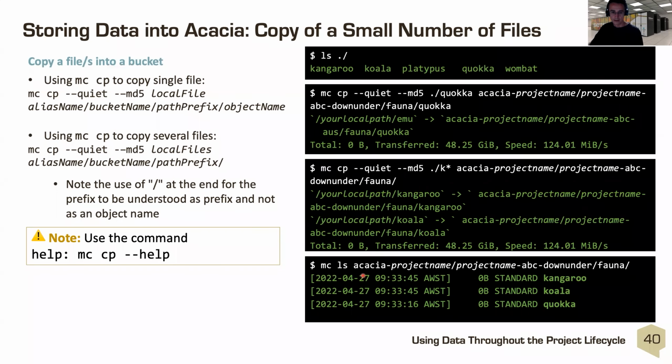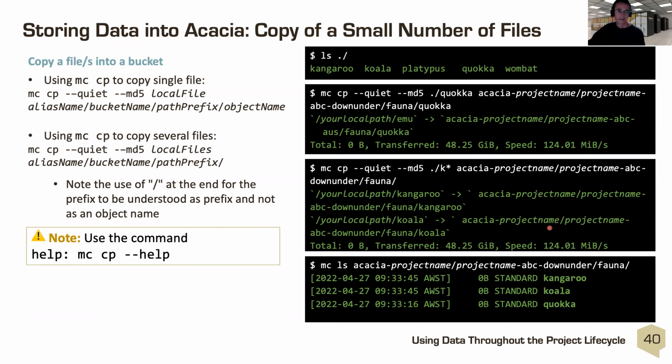And then you can list with the alias, the name of the bucket, and the prefix what is inside or below that bucket and prefix, using the ls command of MC.